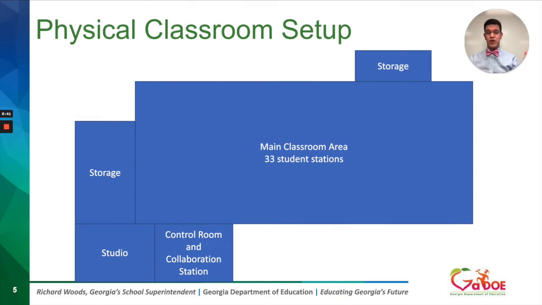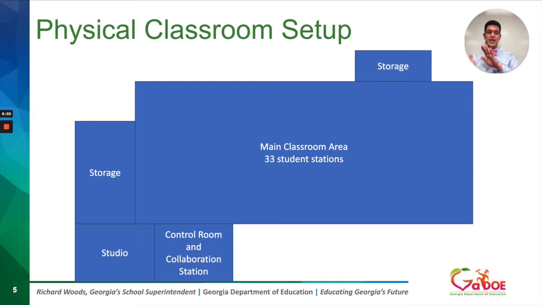This is what my footprint of my classroom looks like. We actually have 33 student stations in this main classroom area. It's pretty big and spread out. They are grouped into pods of 6 computers, as you saw in the last video.